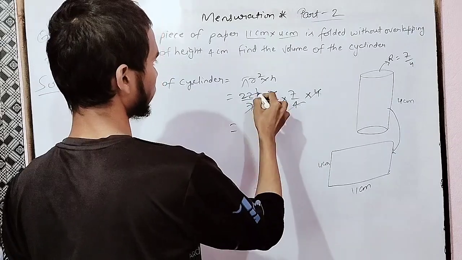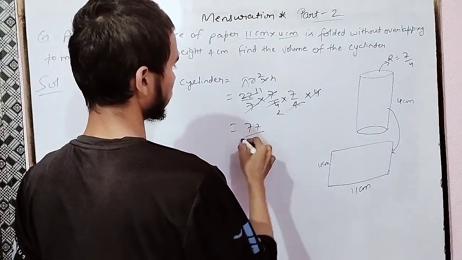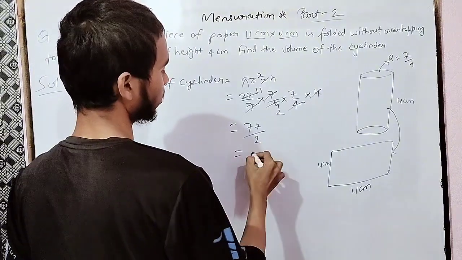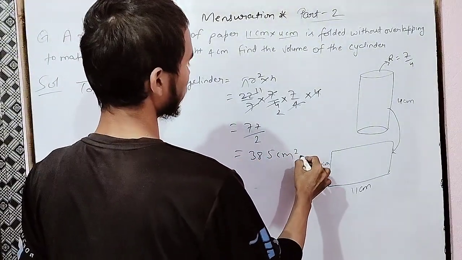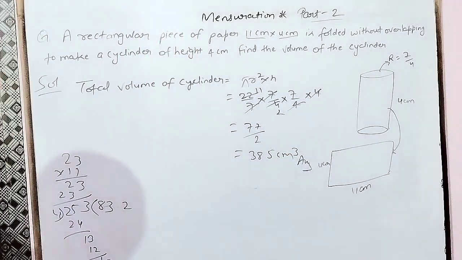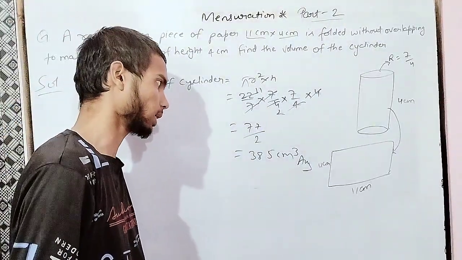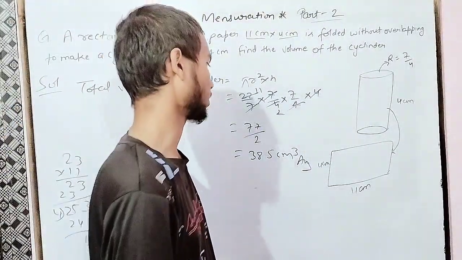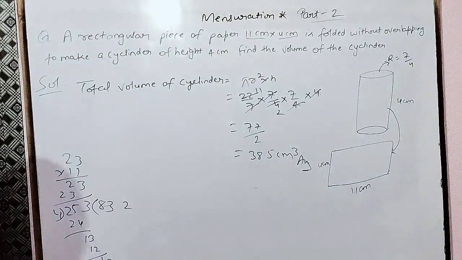Then 77 upon 2, which is 38.5 centimeter cube. This is how it is simplified.